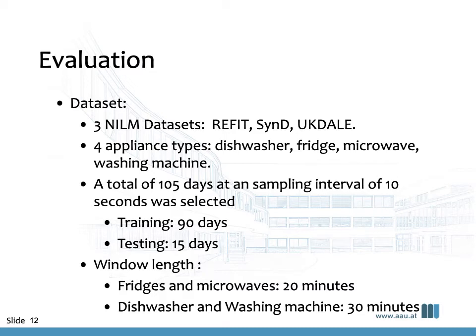We applied a sampling rate of 10 seconds throughout our investigation. In accordance with previous studies, we set the input time window to 20 minutes for the fridges and the microwaves, whereas we selected the time windows of 30 minutes for the dishwasher and the washing machine.